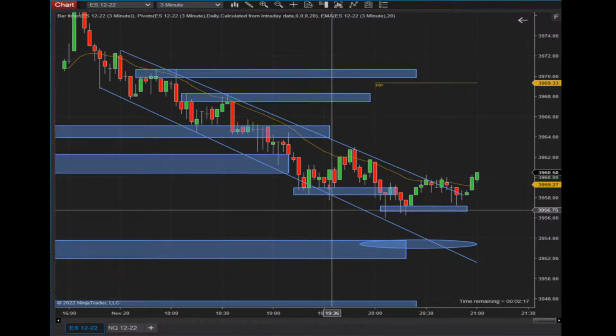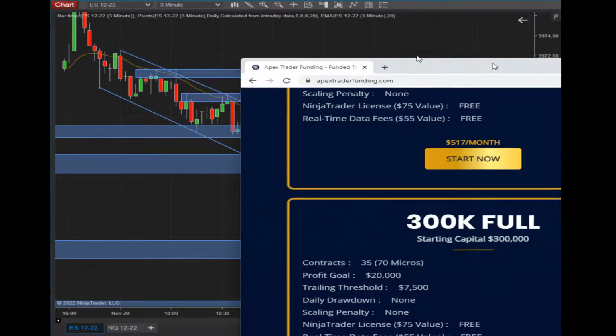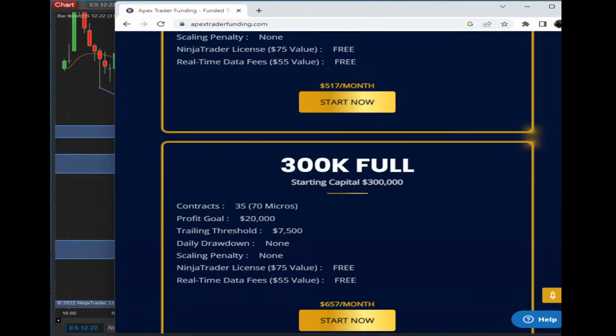They have a $300,000 combine, and I want to say that you can get into that with that Save 50 coupon, and it's... what is that? I have it up here. 300,000. You can trade 35 contracts. That's just nuts.